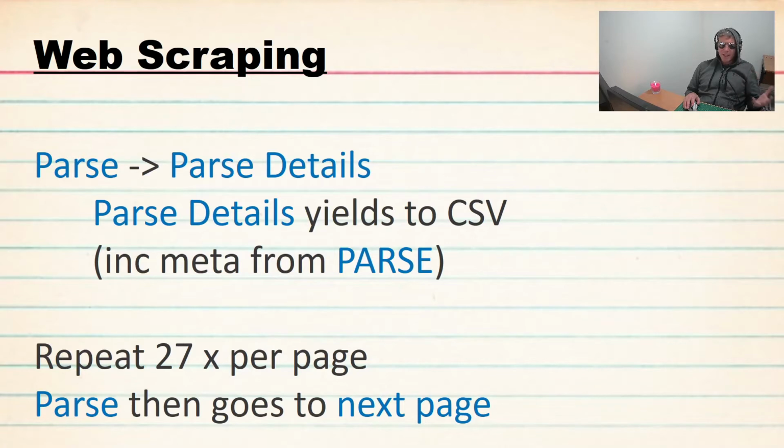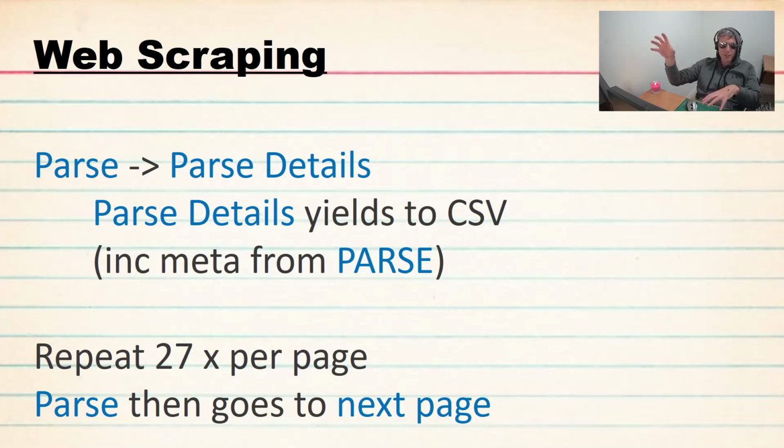Anyway, parse will then yield to parse details, which will extract any additional information that wasn't on the parent level on the first page. So you drop down into the details page, and parse details will get the additional bits, and it will bundle in, using meta, any details that were already extracted from the parse method.